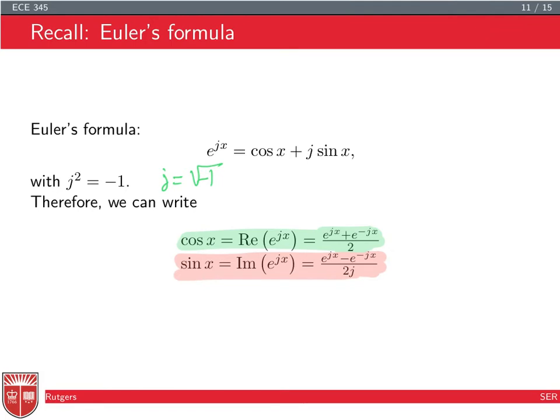Hopefully now the link to why I'm bringing these up in this lecture is demystified, because you can see that the sine and cosine functions are summations of exponentials, and then I can use linearity of the z transform to find the z transform of a sine function.